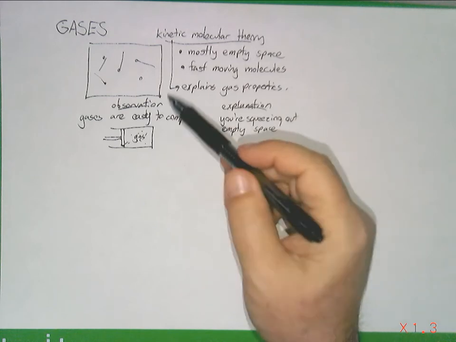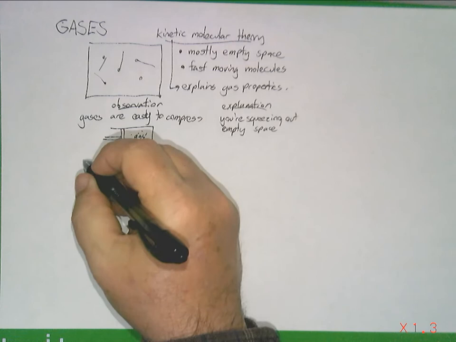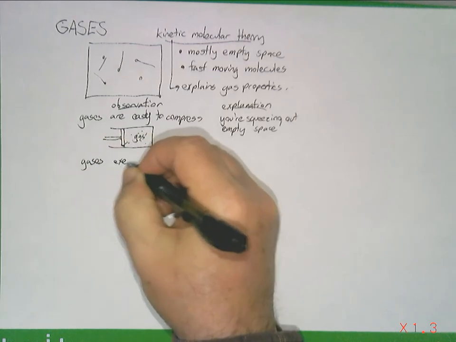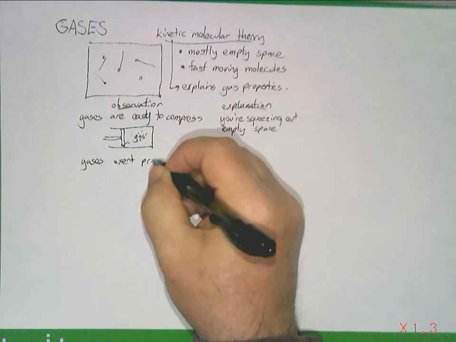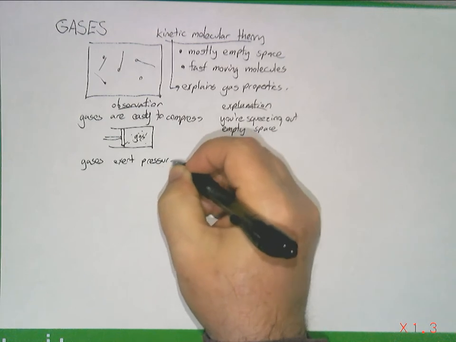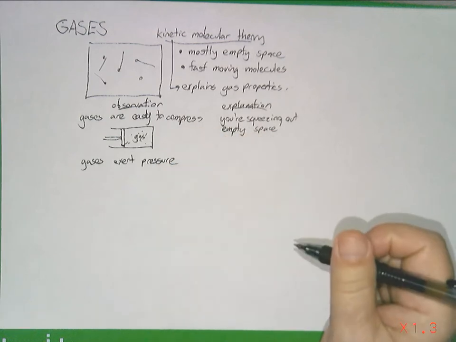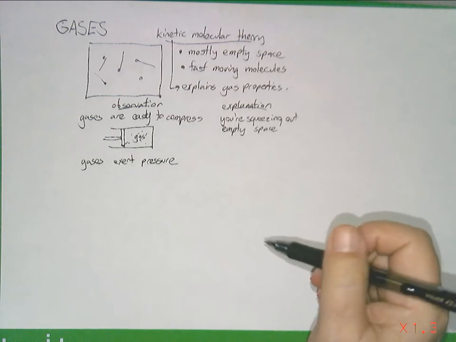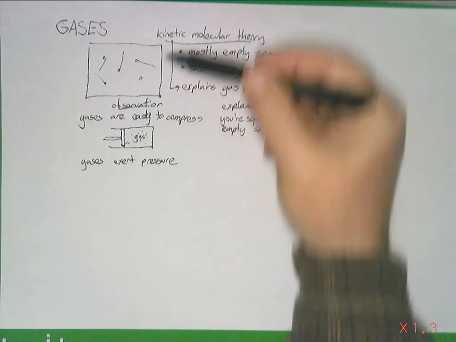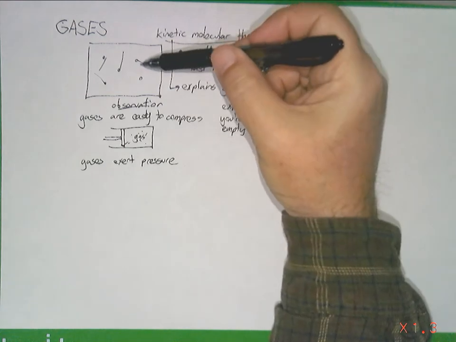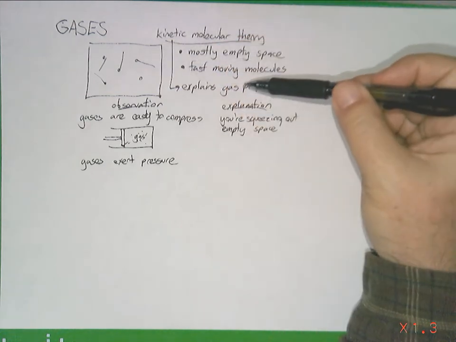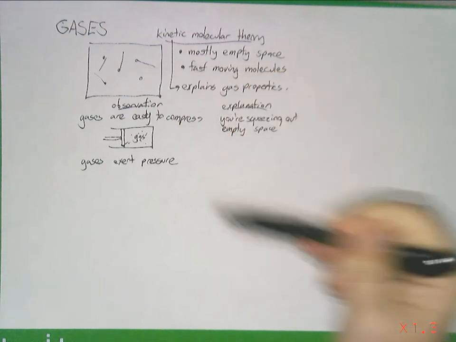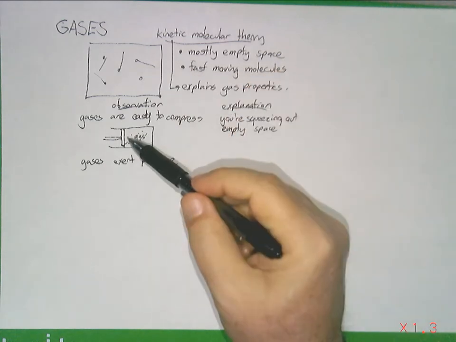Now, when you do that, you'll notice that the gas pushes back. So a gas exerts a sort of pressure, which we'll talk about in the next video a little bit more. Where's that pressure come from? It comes from the fact that you have fast-moving molecules, and they are beating against the walls of the container, and they would be beating against this piston.